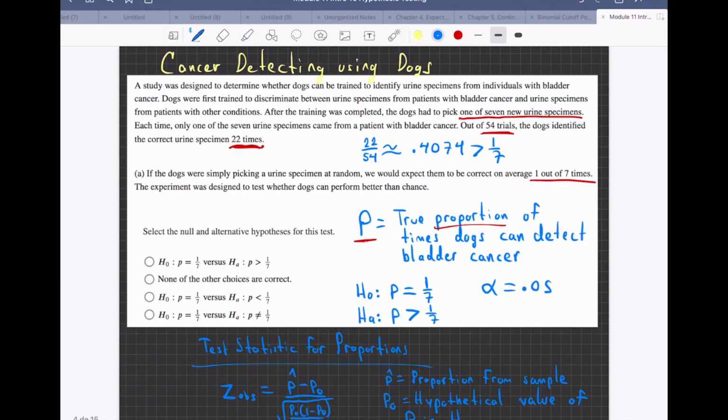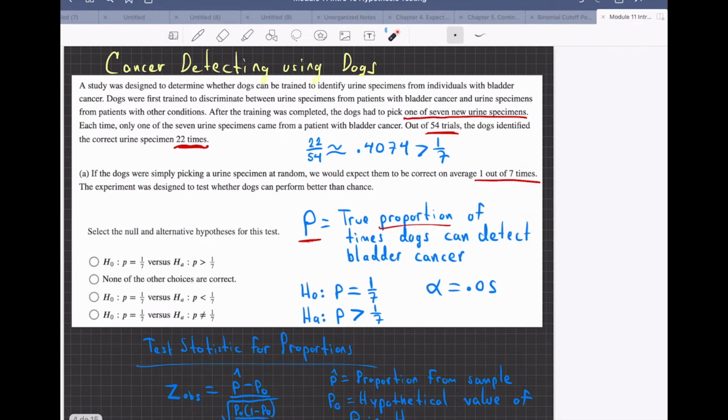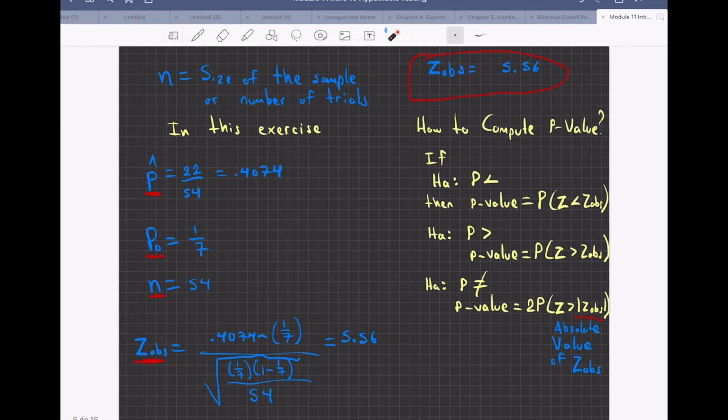In this case, in our problem, notice the alternative is p greater than 1 out of 7. So how do we compute the p-value?